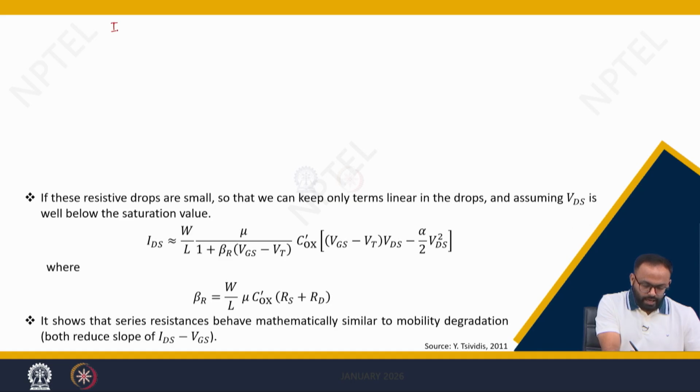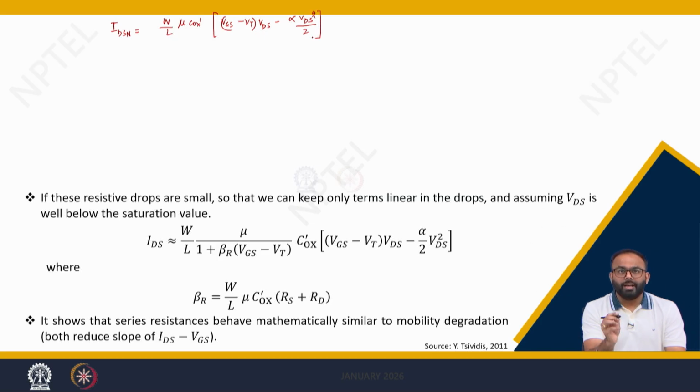So we can simply say IDSN is equal to W divided by L into mu into COX dash into (VGS minus VT) into VDS minus alpha times VDS whole square by 2. But make sure in this case my VGS is not VGS, it is VGS cap, because VGS cap is the effective gate to source voltage and VDS cap is the effective drain to source voltage experienced by the intrinsic part of the MOSFET, and this current we derived as IDSN is derived for the intrinsic part.